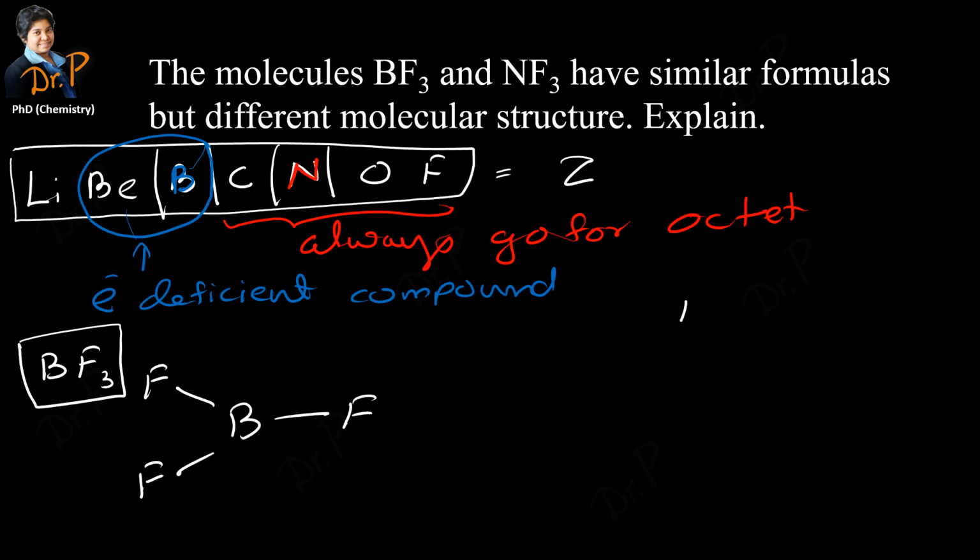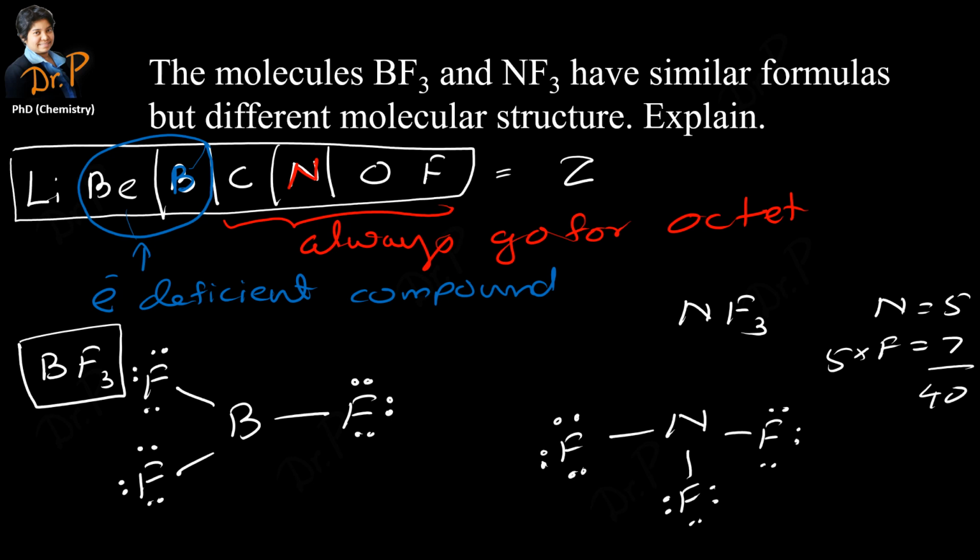And then going for NF3, nitrogen has 5 valence electrons, fluorine has 7, and you have 3 of them. And the Lewis structure of NF3 looks like this.